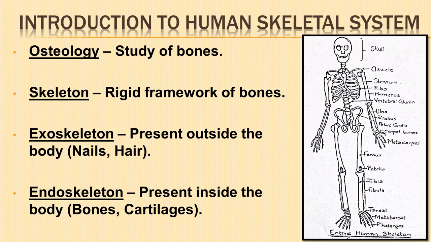Endoskeleton is present inside the body and is derived from mesoderm during embryonic development. It protects the delicate body parts. Example: bones and cartilages. Now, we shall study the different parts of the axial skeleton one by one.